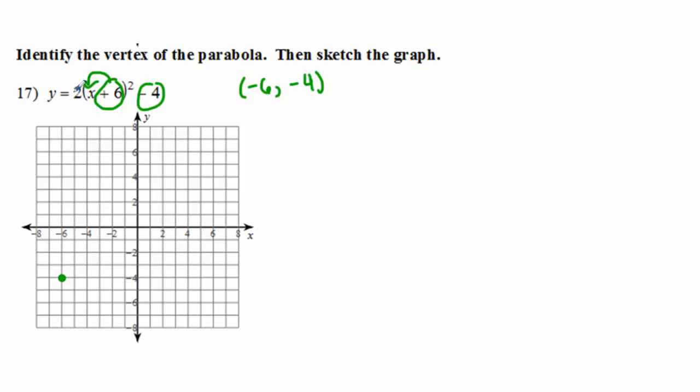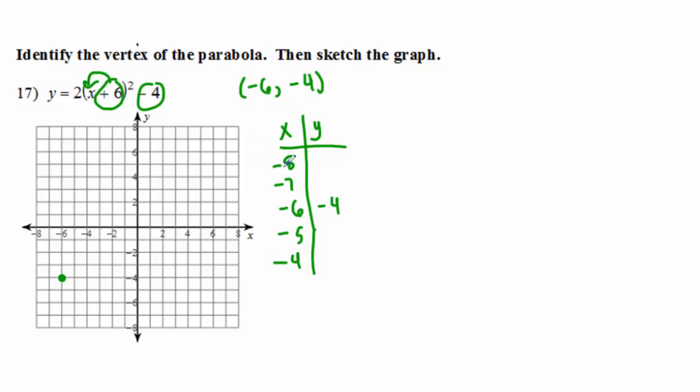We know because it's Y equals and it's positive that it's going to open up, but to get a decent idea of what our graph looks like, we would want to look at a table of values or make our own table of values. And if we're making our own, then what's important is that -6, -4 is like our middle point, and we're going to have to find points on either side of it.